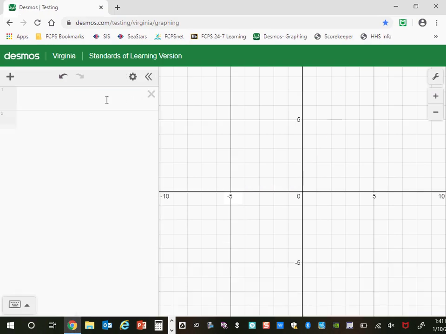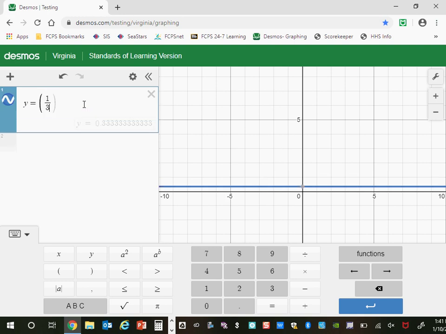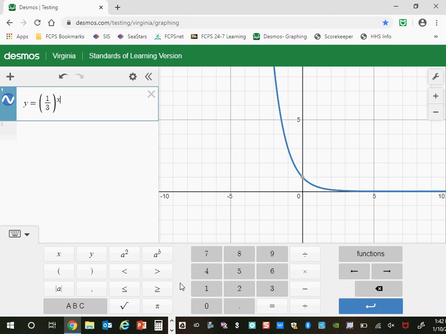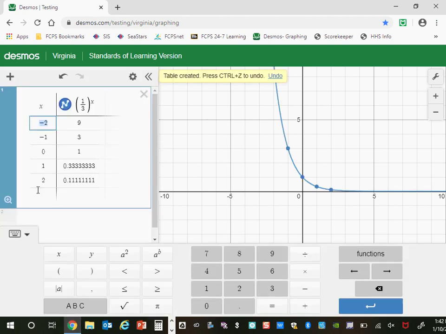All right, so for this one, we have y equals, and my equation is parentheses 1 divided by 3, close parentheses, then x is your exponent. That's what my graph should look like. And I'm going to get some points from my table. I normally start at -2: -2, -1, 0, 1, and 2.